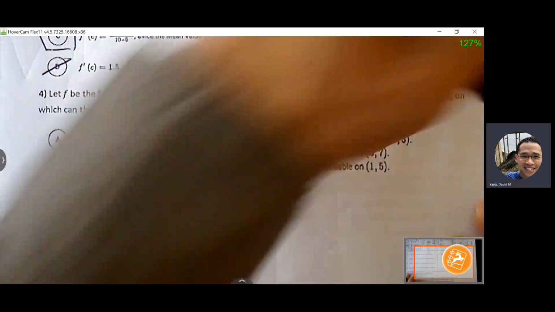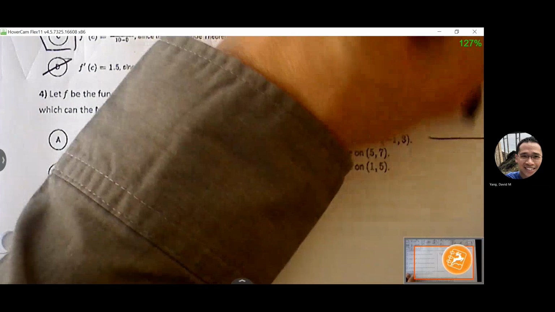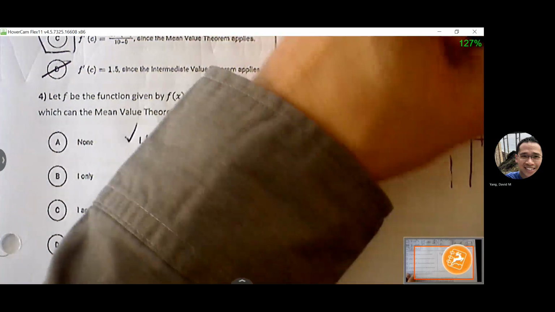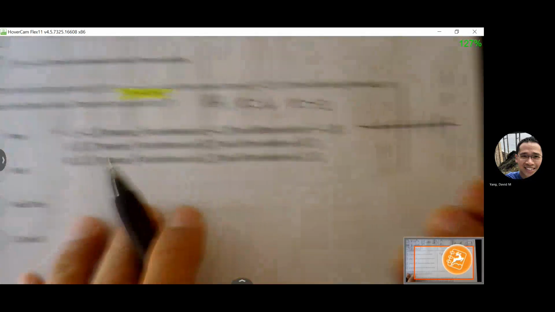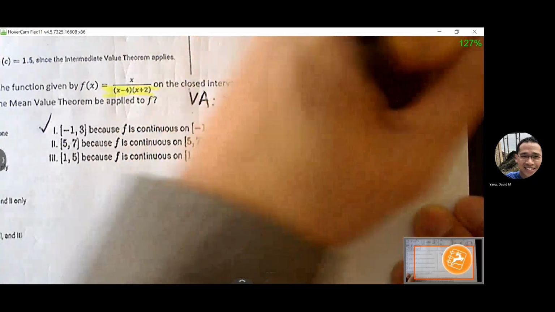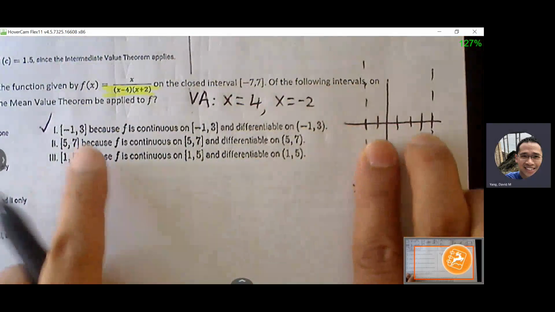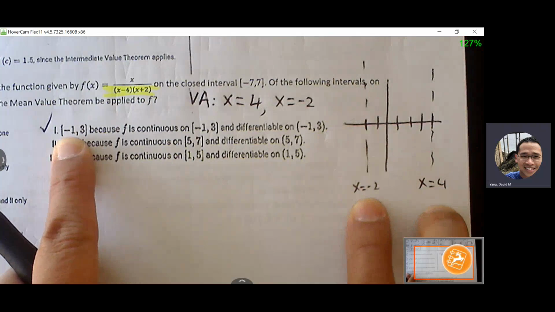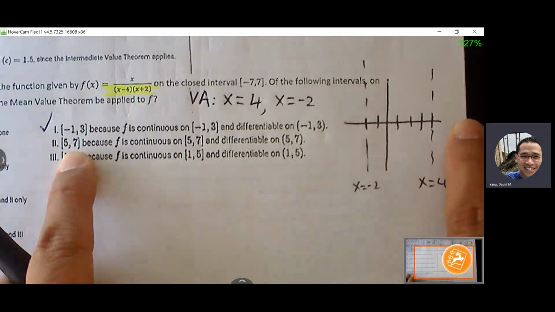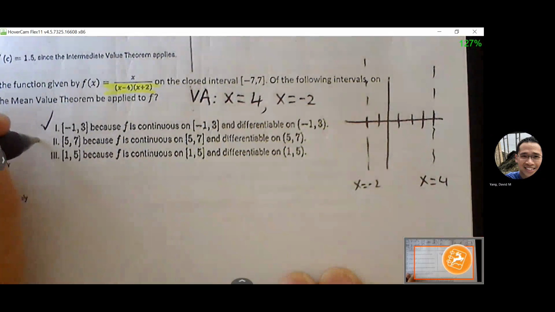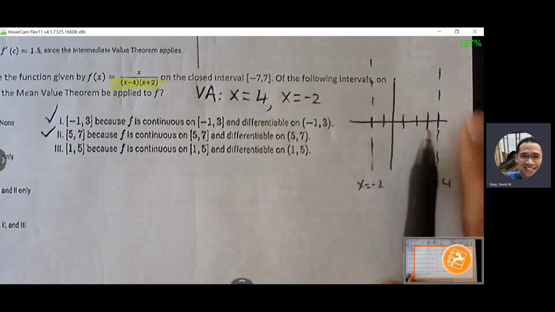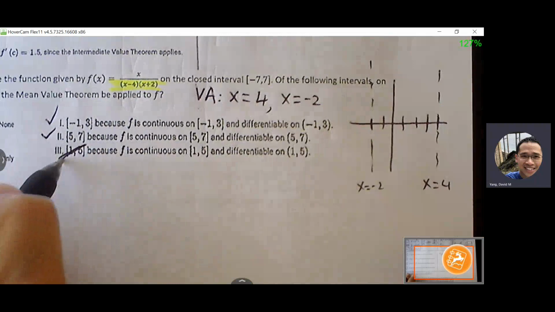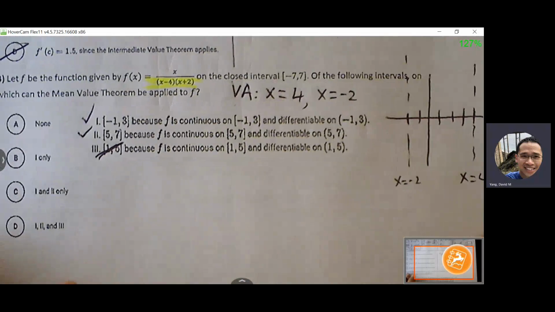Negative 1 to 3 is okay because if my asymptote is at negative 2, okay, sorry, negative 1 to 3 is okay, right? Because it's not going to try to cross the asymptote. 5 to 7 is okay because it's not going to cross the asymptote. Yeah, 1 to 5 is the issue, right? If I try to go 1 to 5, it's going to try to cross over that asymptote, and that doesn't fulfill it. We can't guarantee that to apply for mean value theorem.